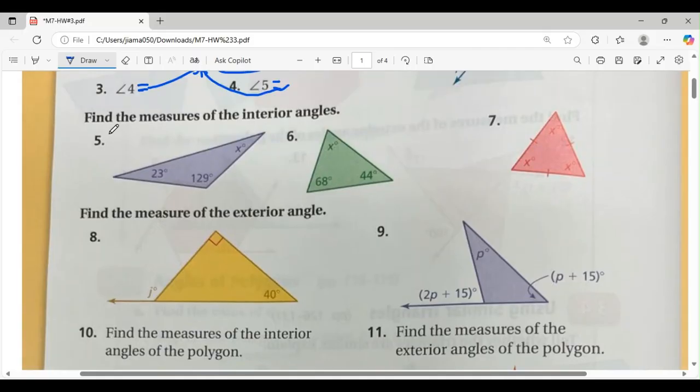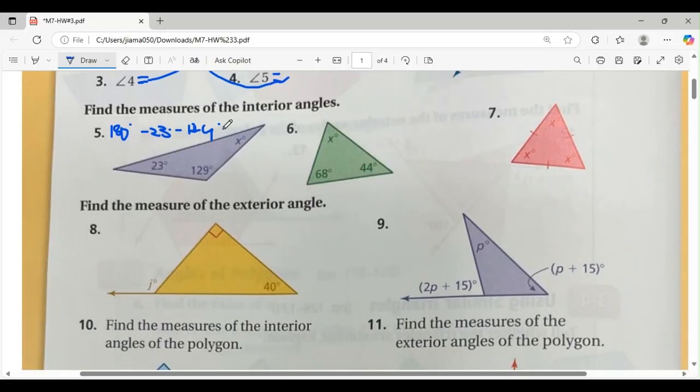So if we want to find the measure of x, we can just use 180 degrees minus 23 degrees minus 129 degrees, which is 28 degrees. This is x.